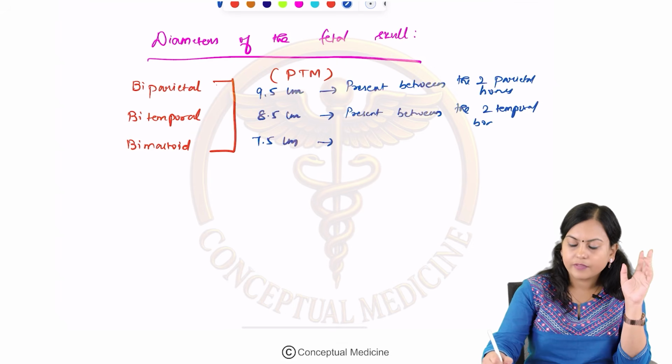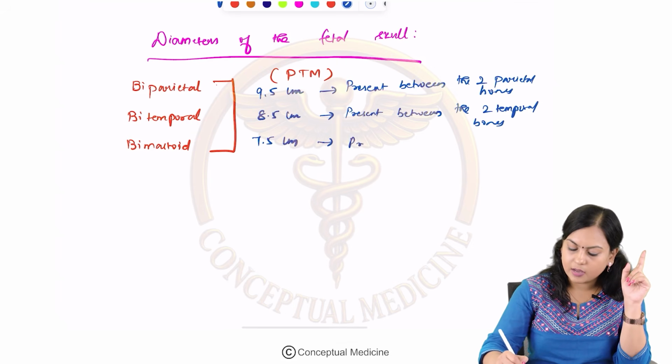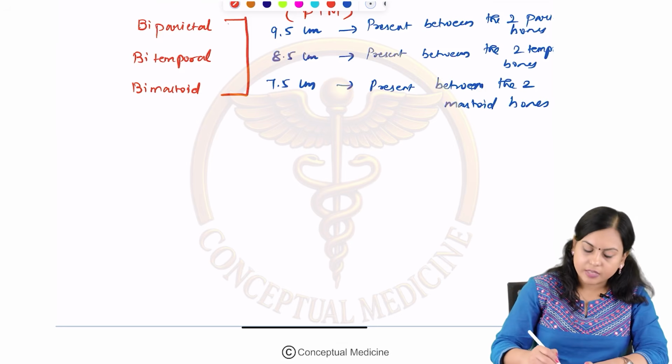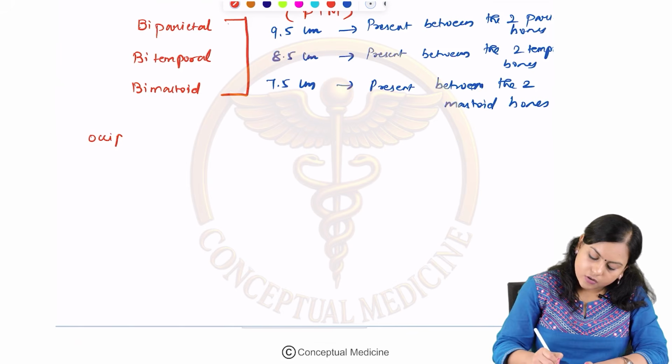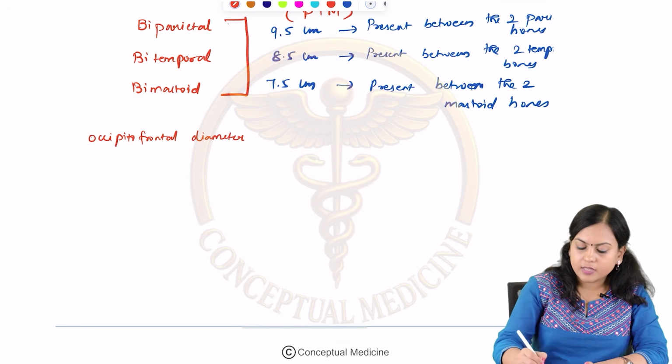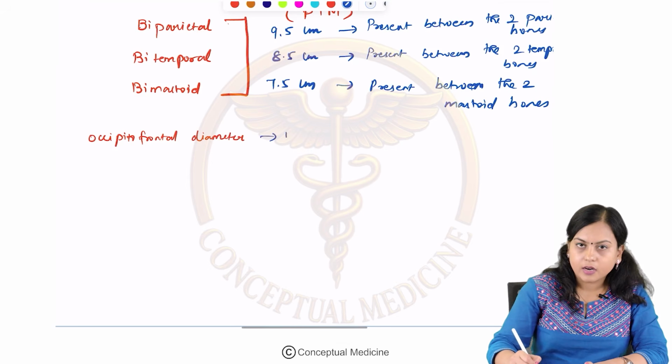And we also have the bimastoid diameter present between the two mastoid bones. Now we will see the other diameters. Occipito-frontal diameter. This measures around 10 centimeters.